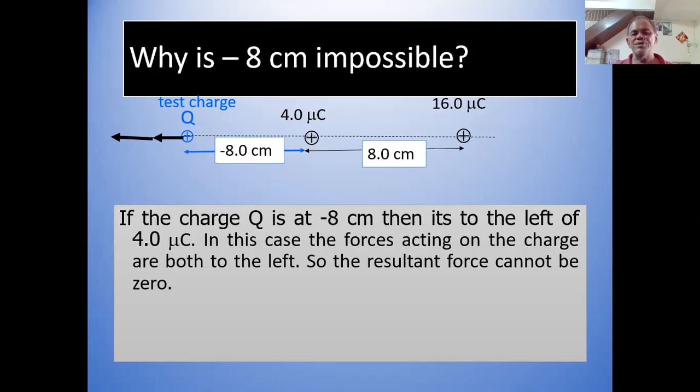You place it between the two charges, you get no resultant force, but not to the left or to the right of the charges. You won't get any zero resultant force in this region or in this region. Okay?